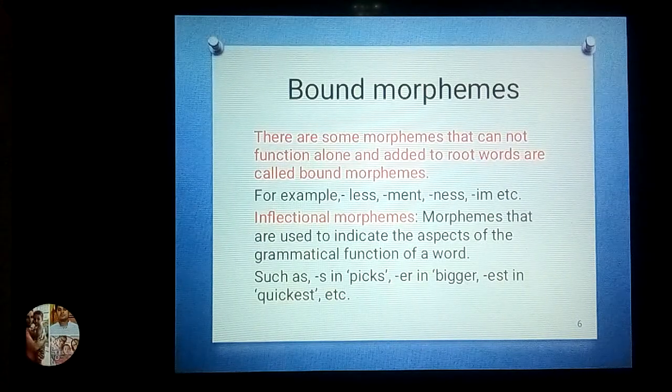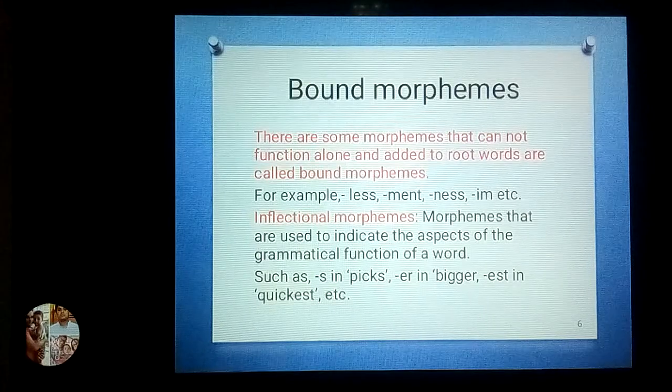Inflectional morphemes. The morphemes that are used to indicate the aspects of the grammatical function of a word are called inflectional morphemes.